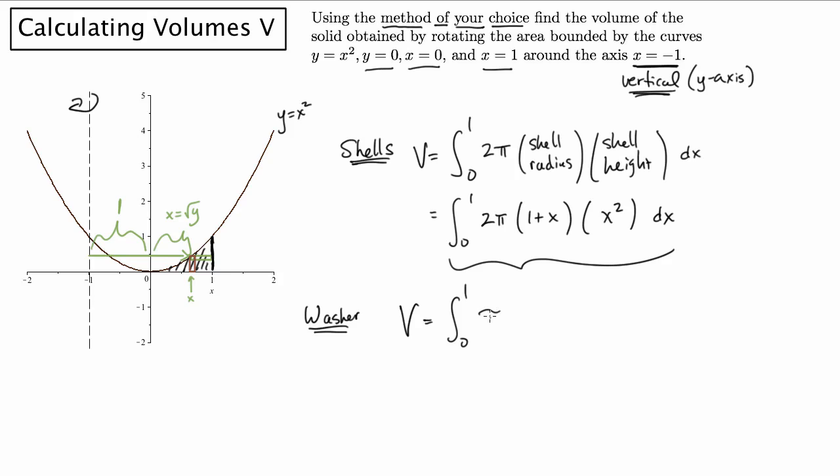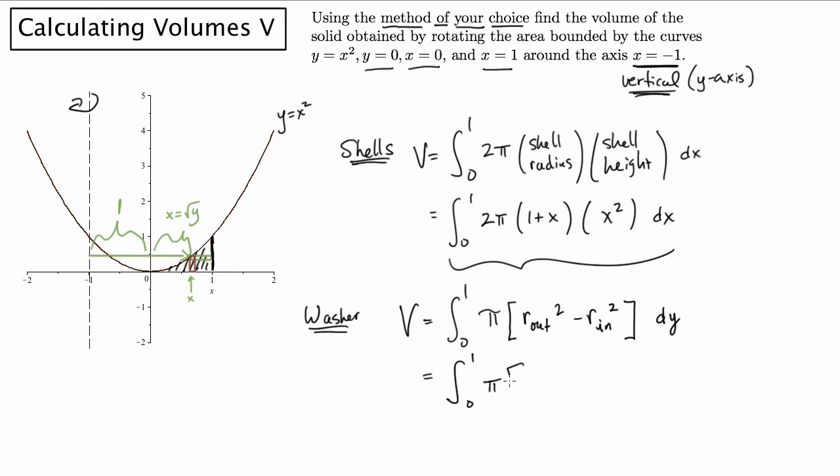And it would be pi times the radius of the outside minus the radius of the inside. So go back and review our washer video if you're having a little bit of trouble with that. And I would be integrating with respect to y here because I'm making horizontal cuts.